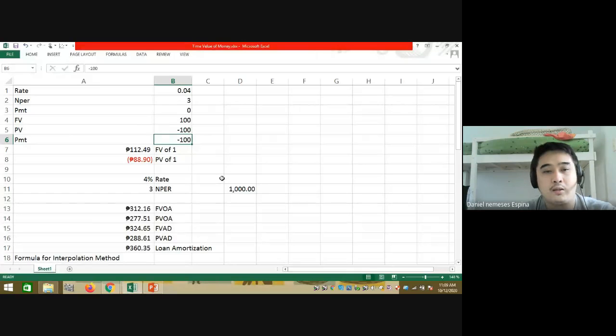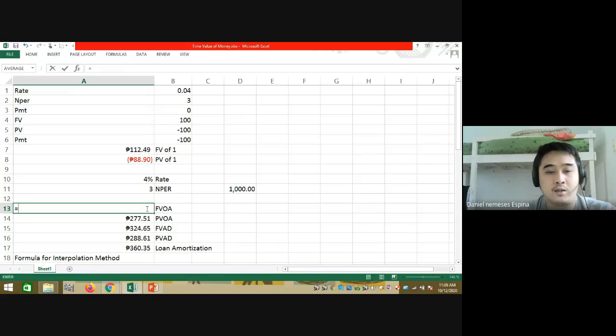So how to get the future value of that? Simply, equals FV, open parenthesis, the rate, and NPER is 3. The payment, previously zero because of the lump sum, but since this is an annuity, it's negative 100. Again, the payments are expressed in negative because they are cash outflows.